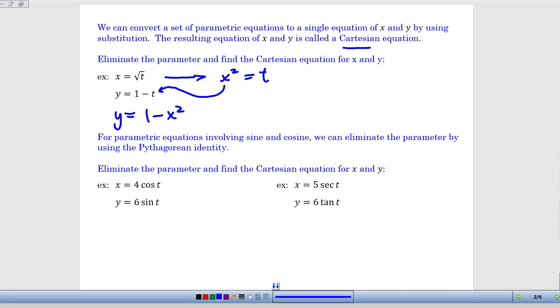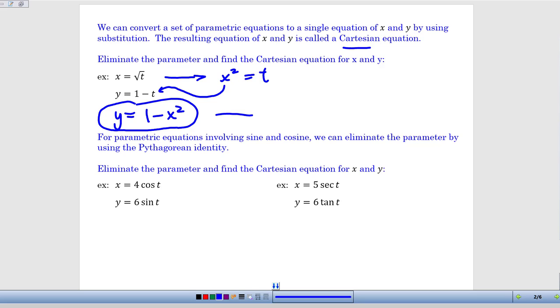And so I can look at this equation and I know, hopefully, that the shape of that graph is going to be a parabola. It's going to be upside down. I know that the y-intercept is going to be 1. I can make a lot more judgments or predictions about what the equation is going to look like when I see it as a single Cartesian, as a single xy equation, as opposed to a set of parametric equations.